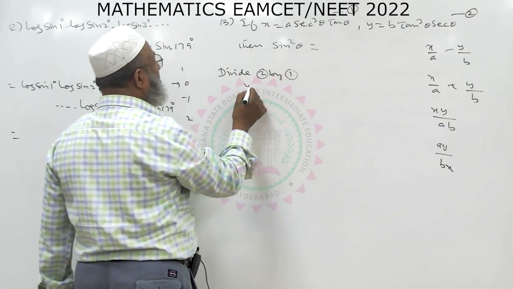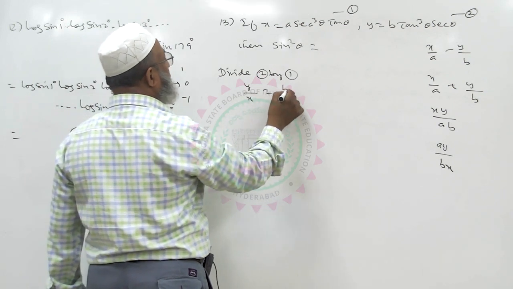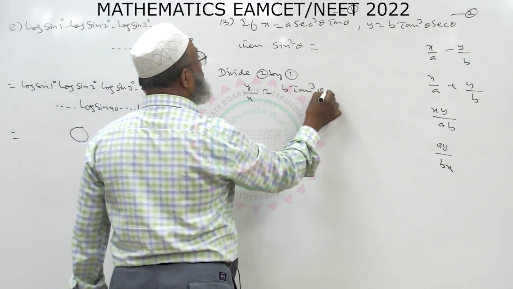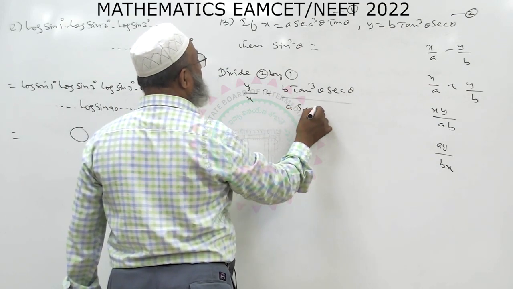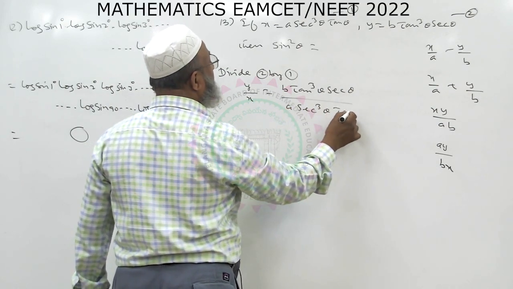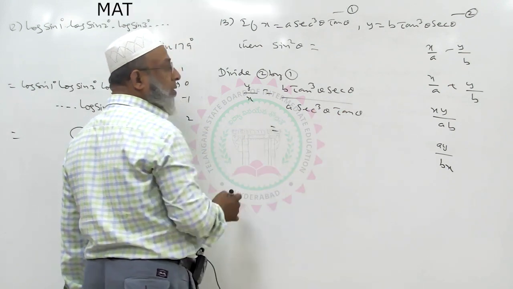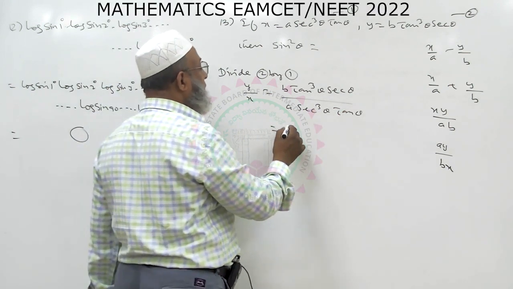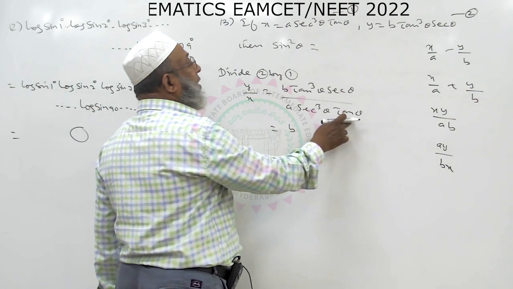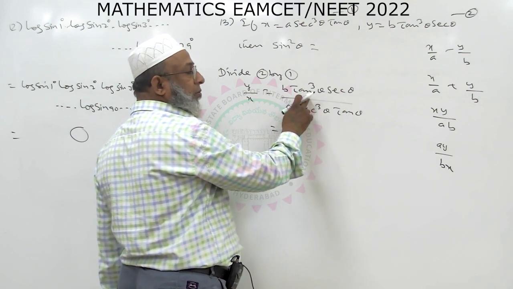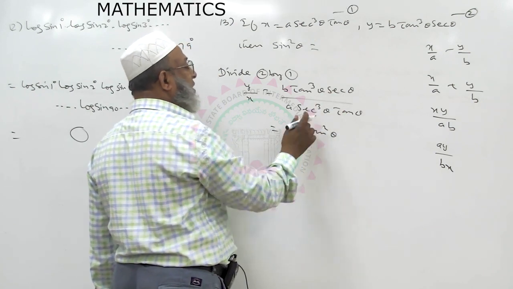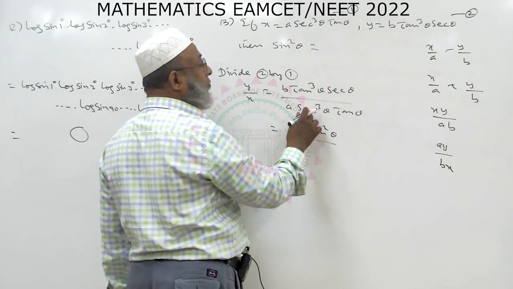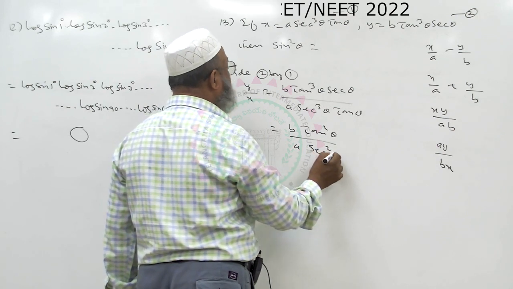Y by x is equal to b tan cube theta sec theta by a sec cube theta tan theta. So b by a, tan theta cancels, one tan square will remain. Sec theta cancels, one sec square theta will remain.